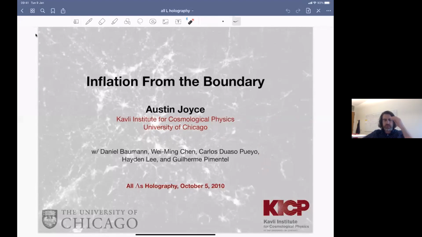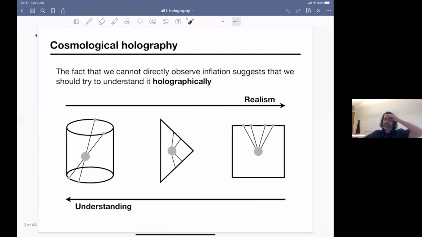So let's start. Maybe just to start, I want to point out this curious fact that the directions that realism and understanding go on this plot go in opposite directions, in the sense that the asymptotics that we understand best from the perspective of holography are the ones which are the least realistic.